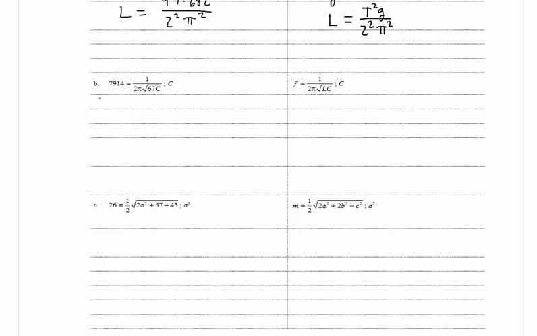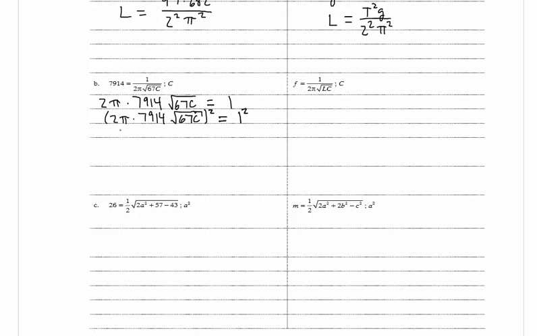So I have 2 pi times 7,914 times the square root of 67c is equal to 1. And now I'm going to square both sides. So I have 2 pi times 7,914 times the square root of 67c, all squared, is equal to 1 squared.